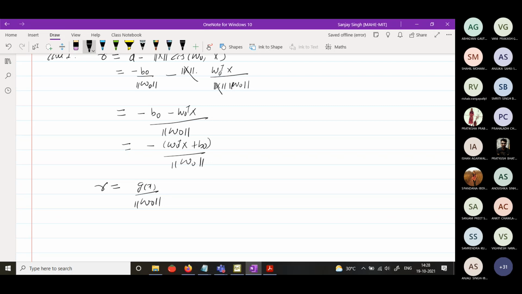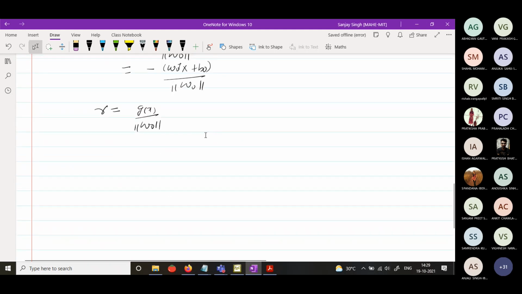So once we have this, this particular part which we have already done, r, we have to find this rho.